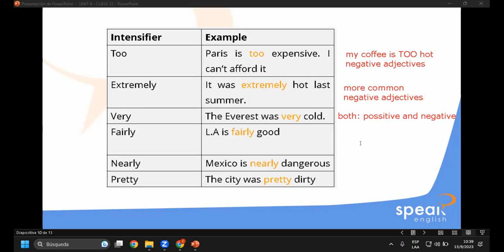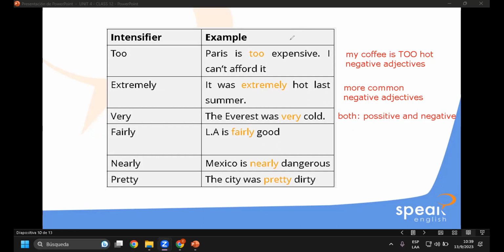What is the meaning of fairly? What do you think? So fairly is a synonym of very. They are similar. Okay, so instead of using very, let's try to use fairly. Fairly is always useful for both.